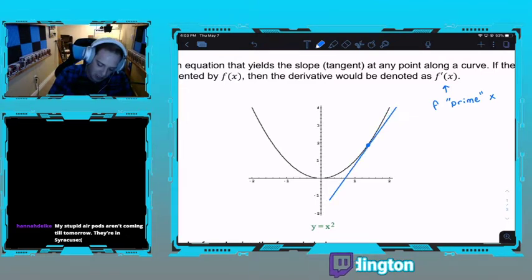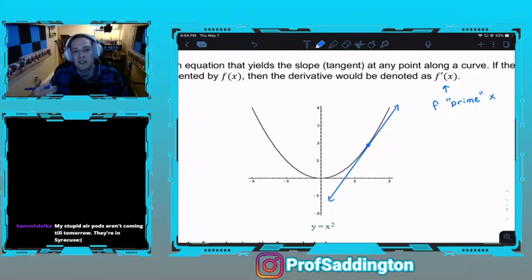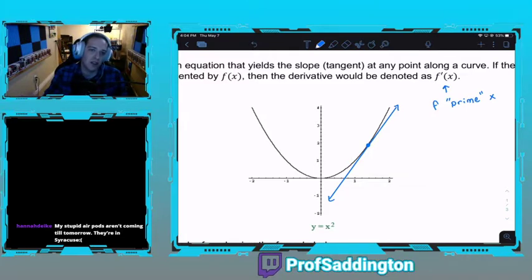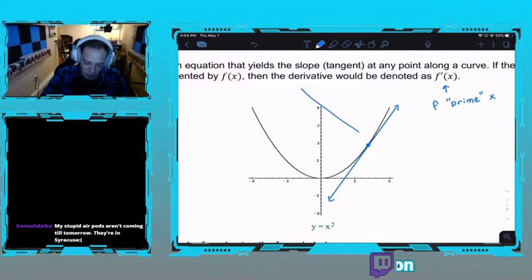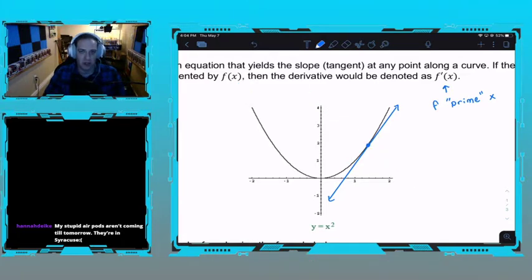And tangent lines are really, really hard to draw, but what it's going to be is a line that just barely touches that function. And this will work every single time, and it's always going to be on the outside, because if I drew the line the other way, it's actually going to touch twice, because this line is going up forever and ever, so it's going to cross. So it can only be on the outside when we draw it.